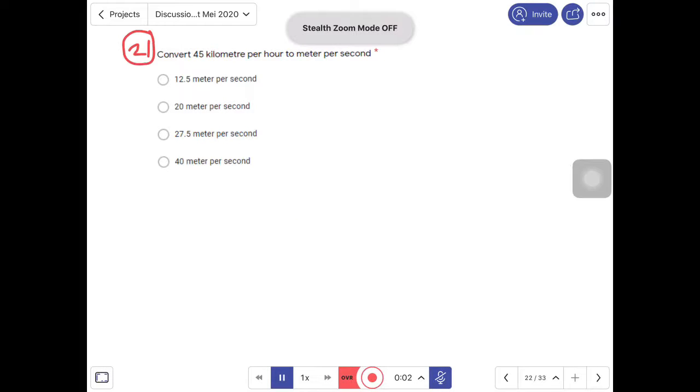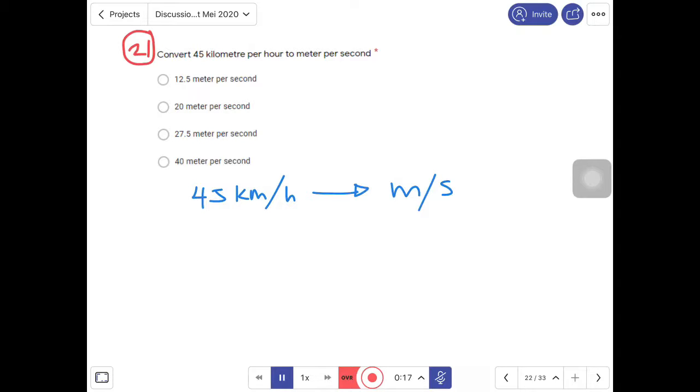We have the rate of 45 kilometers per hour. And then what we need to do is we have to convert this into the unit of meter per second. So to convert kilometer into meter, you have to multiply 45 with 1000, and hour into second is 1 hour multiply 60 minutes multiply 60 seconds.